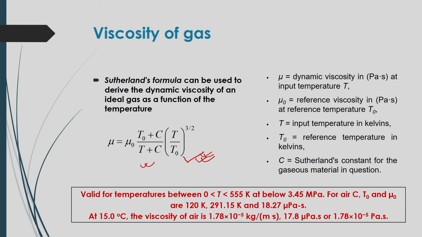Accordingly, you can calculate the viscosity of air at 15 degrees centigrade, and it will be 1.78 into 10 to the power minus 5 kg per meter second. You can easily find out the viscosity of air if you know the temperature.